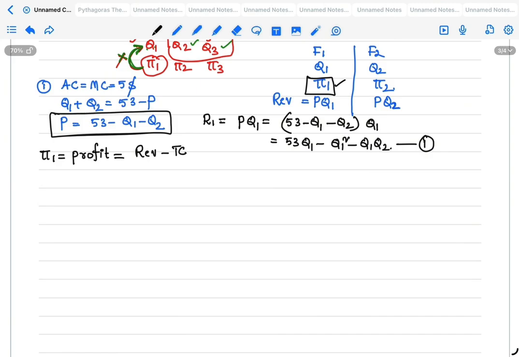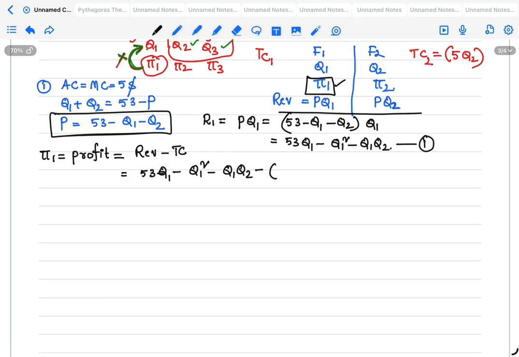Here the marginal cost is 5. So pi 1 equals 53 Q1 minus Q1 square minus Q1 Q2 minus the total cost for firm 1, which equals 5 Q1. Similarly the total cost for firm 2 equals 5 Q2, in terms of Q1 and Q2.